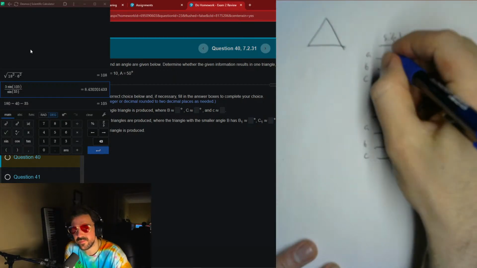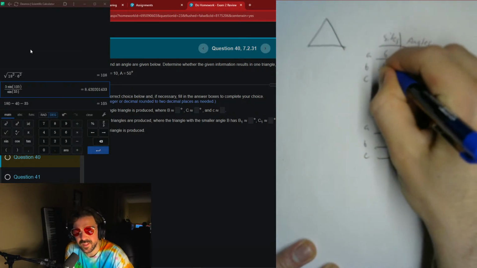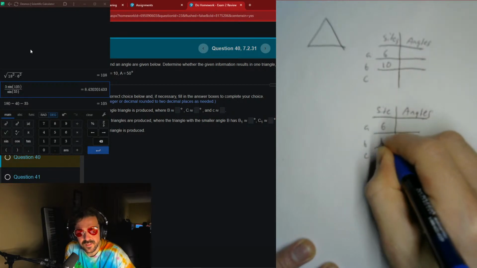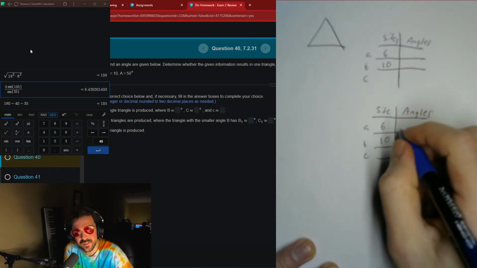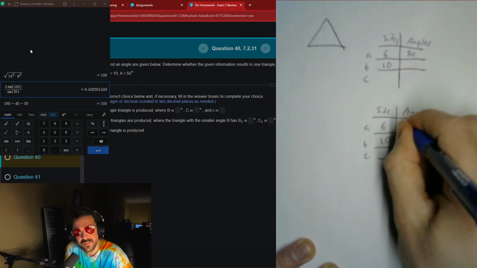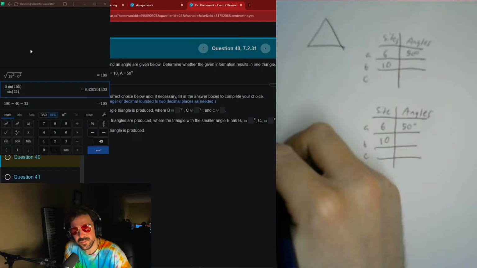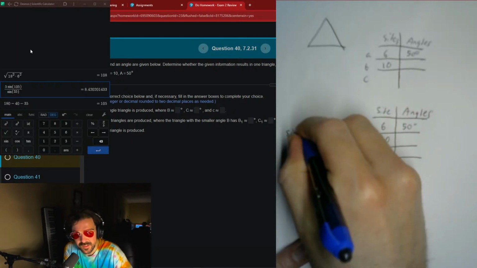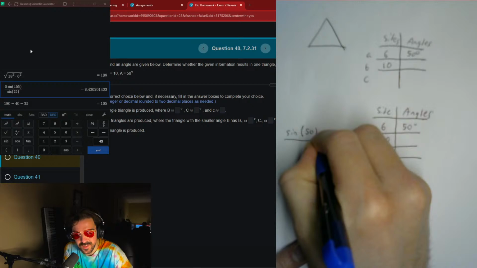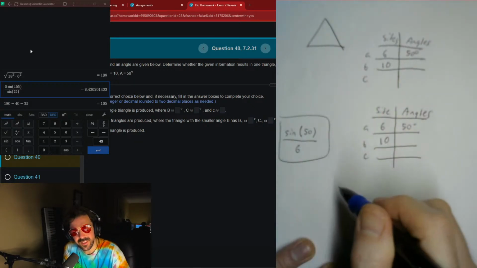Okay, we know A length is 6, B length is 10, A angle is 50. All right, so we do sine 50 over 6, and that's what we use to modify everything, right? So just gotta make everything equal to that.